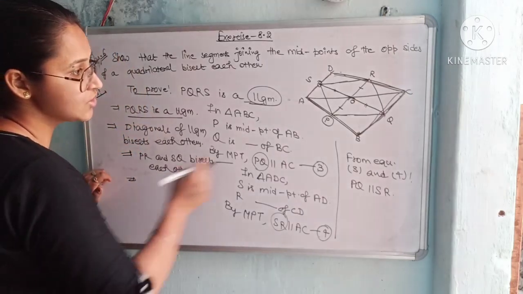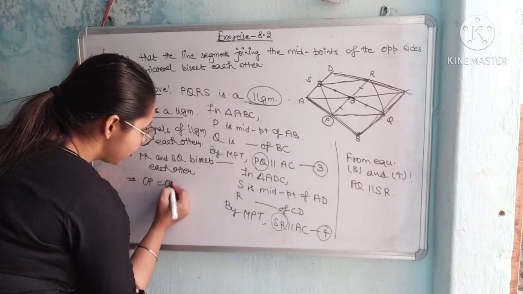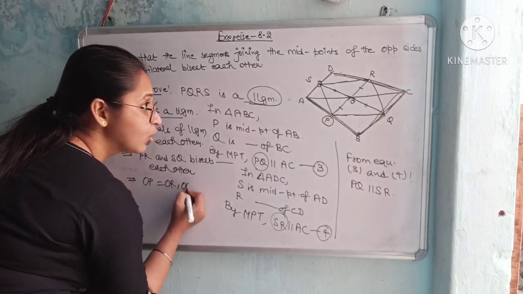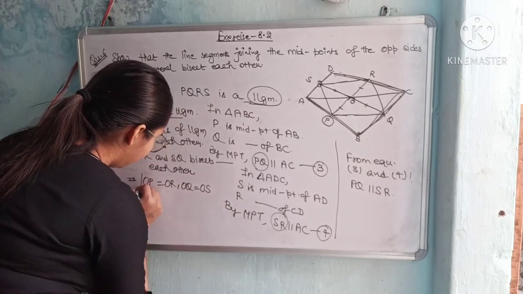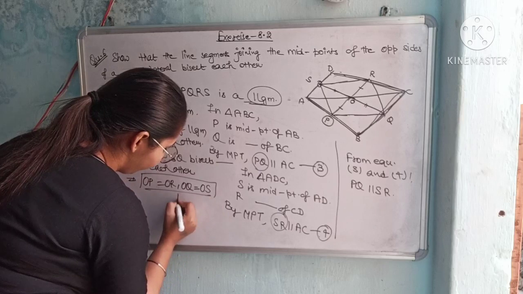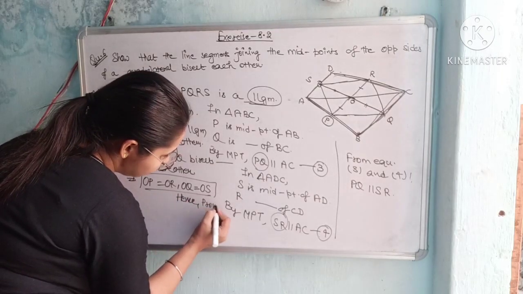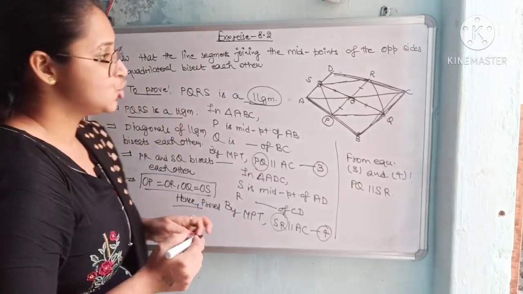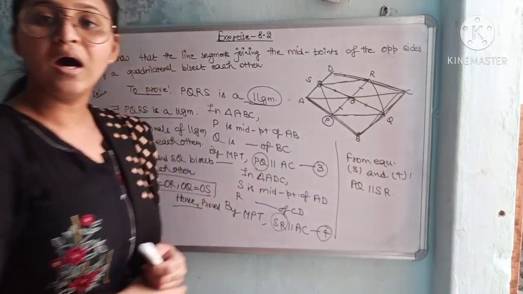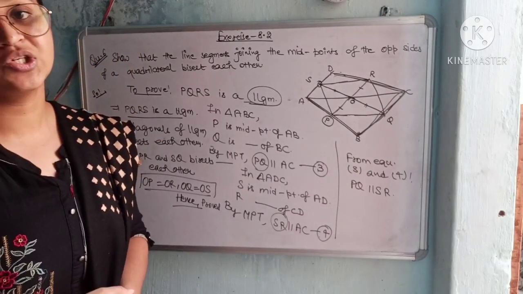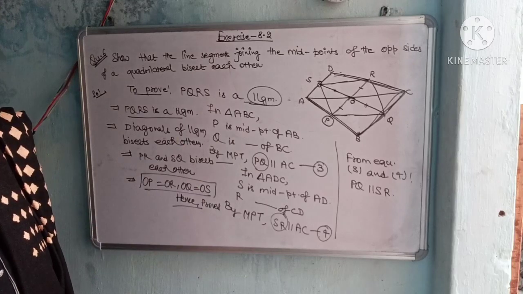They are bisecting each other means OP is equal to OR and OQ is equal to OS. And hence proved. We are done with our proof that the line segments joining the midpoints of opposite sides bisect each other. This is question 6 of exercise 8.2.